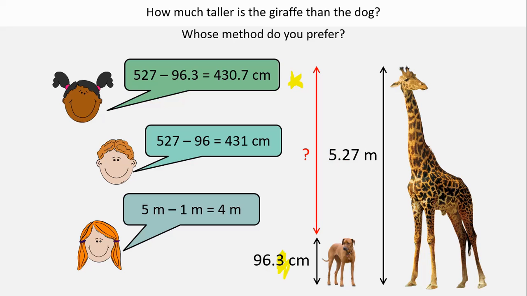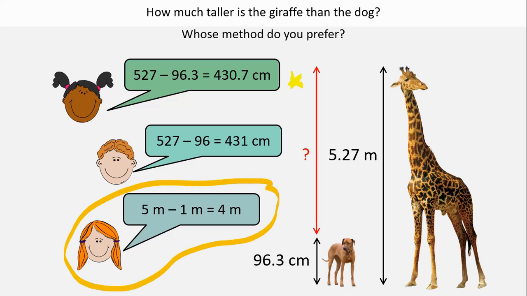Or you might want to do it as the last person has done by saying, well, you know what, 5.27 meters is about 5-ish, 96.3 centimeters is about 1 meter, so 5 meters, take away the 1 meter equals 4 meters. And it's that kind of thinking today that we're going to try and use for our approximations.